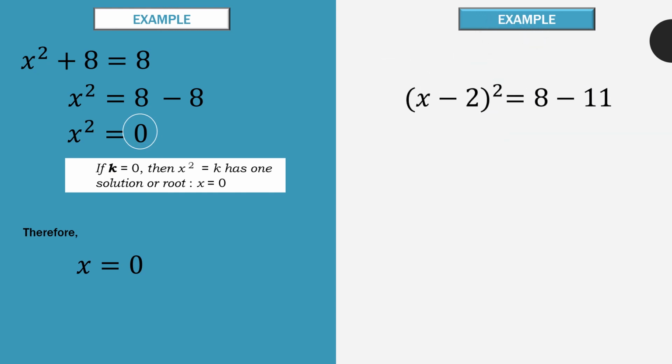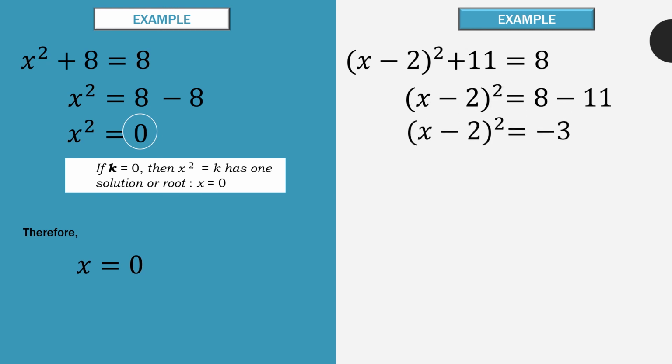Positive 11 transposed to the other side makes it negative 11. Again, 8 minus 11, that is negative 3.